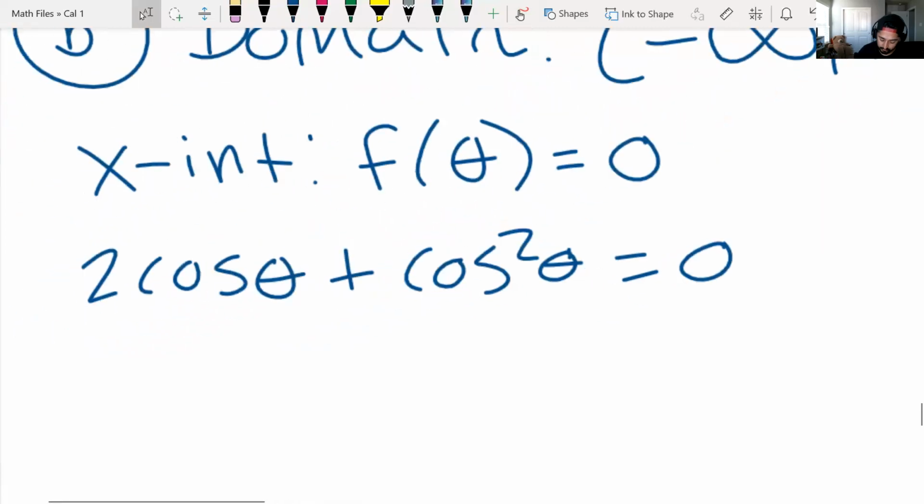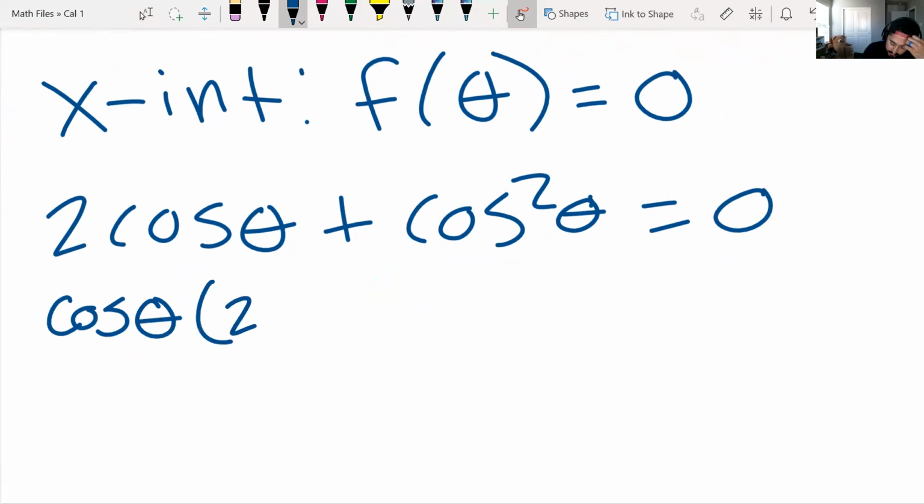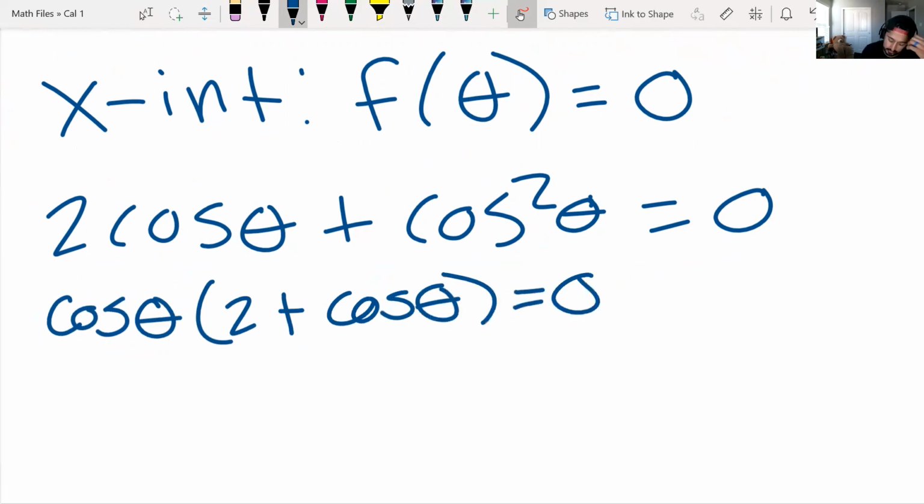I will factor out a cosine. So cosine theta, that leaves me with 2 plus cosine theta equal to 0. Set these equal to 0.